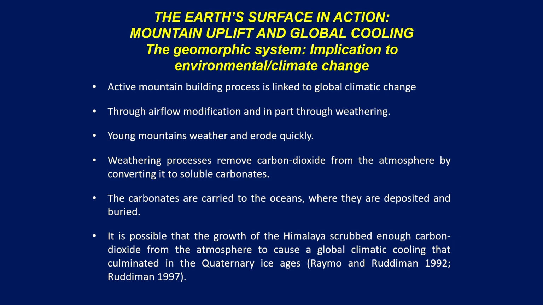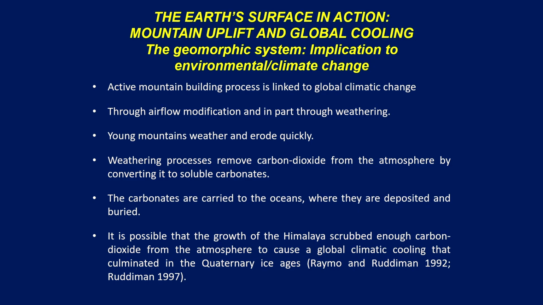Further, it is possible that growth of the Himalaya scrubbed enough carbon dioxide from the atmosphere to cause a global climatic cooling process that culminated in the Quaternary ice age.